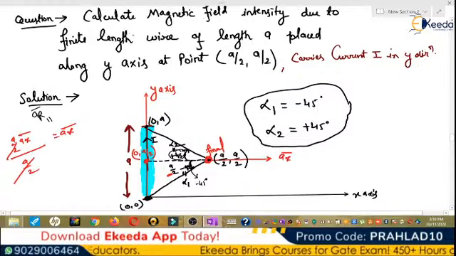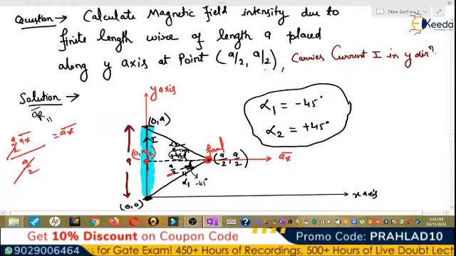Now we have to calculate the magnetic field intensity due to a finite length wire of length a placed along the y-axis, at point (a/2, a/2). So this wire is placed along the y-axis and carries current I in the y direction.